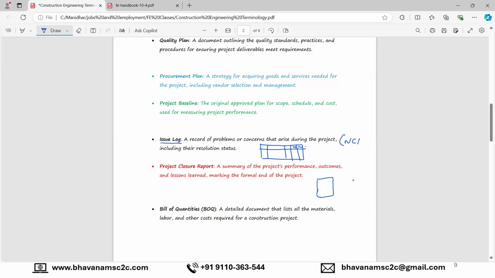There is a log called NCR log, which is non-conformance report log. This is actually maintained by the engineer. What does an engineer do? If he comes to site and sees something not in compliance with the drawing, let us suppose for a particular area a contractor is obliged to do 8 inches of concrete, but in place of 8 inches he just did 6 inches, which is an issue at the site.